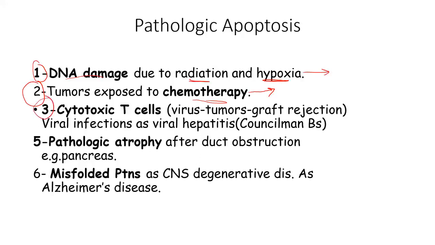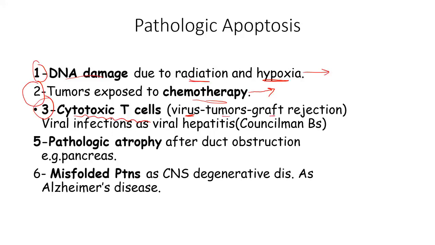Number 3, cytotoxic T cells. Cytotoxic T cells represent part of the immune system. They act towards virally infected cells, tumors, and grafts or transplants.